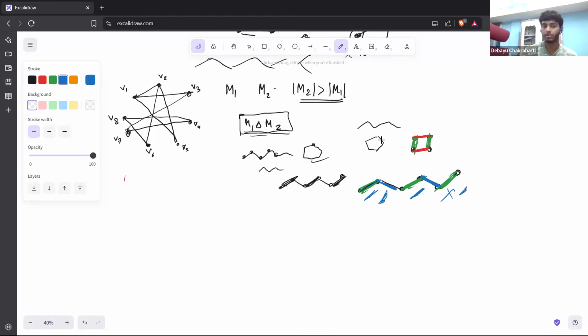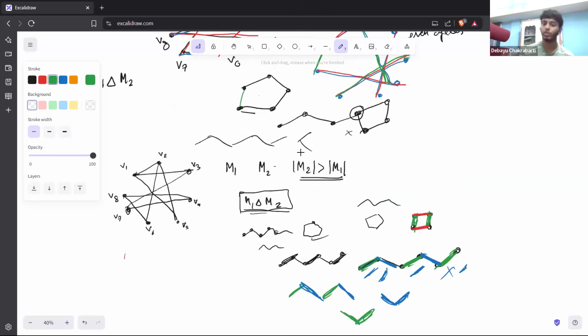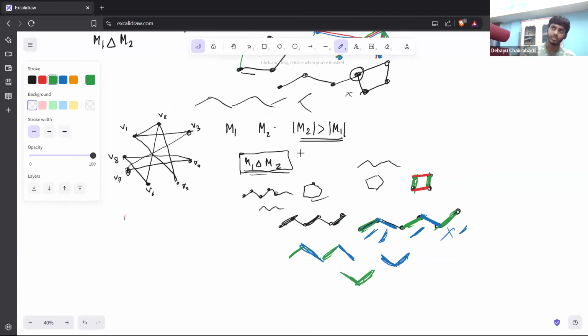So you can ignore them. So now you consider even paths, but even paths must always have an equal number of blue and green edges. Else you will have two blue edges or green edges coinciding, which is not possible. So indeed, no augmenting path in a perfect matching implies it's a maximal matching.